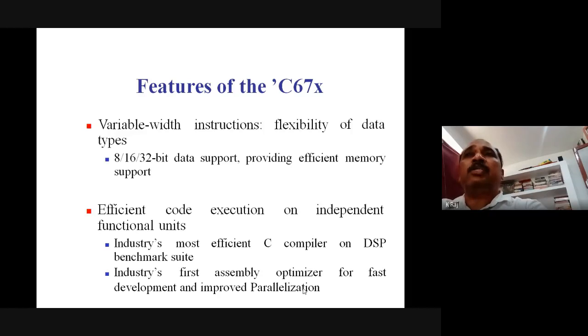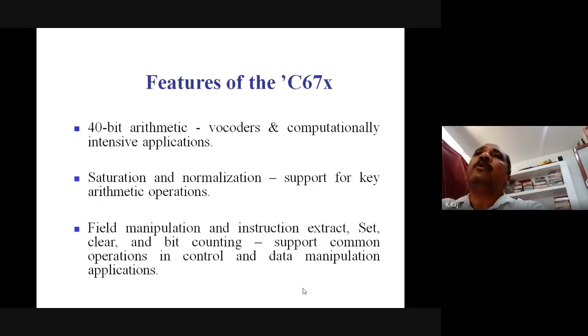And here the industry's most efficient C compiler on the DSP benchmark, it is suited for it, and industry's first assembly optimizer for the fast development and the improved parallelization has the facility, having the features of the 6.7 family here.